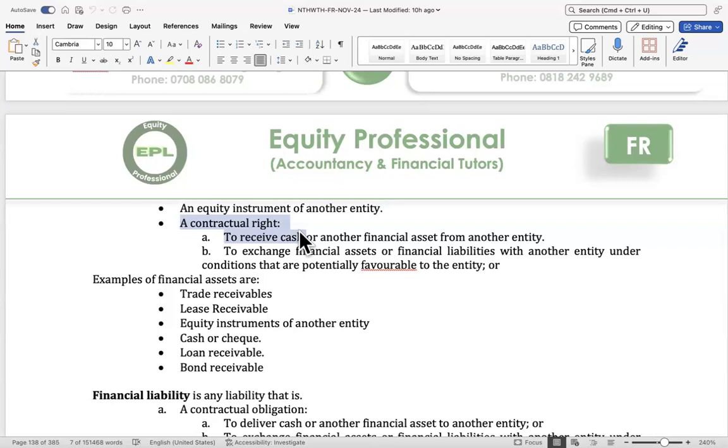If he has lent somebody money, that is what will give that investor a contractual right to receive cash. You see, this sentence, contractual right to receive cash, is so powerful. So powerful in the sense that when you have such a right and you have it for an elongated period of time, you're a rich man. You're a rich man because you won't have to lay a finger to make money.